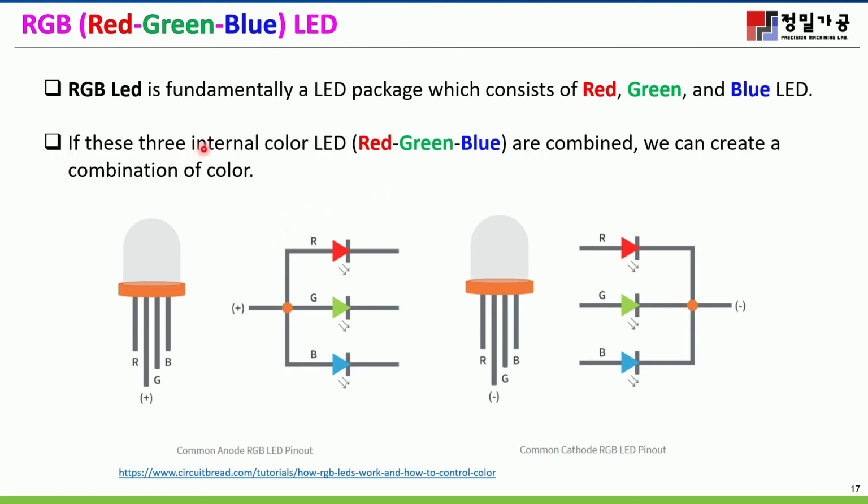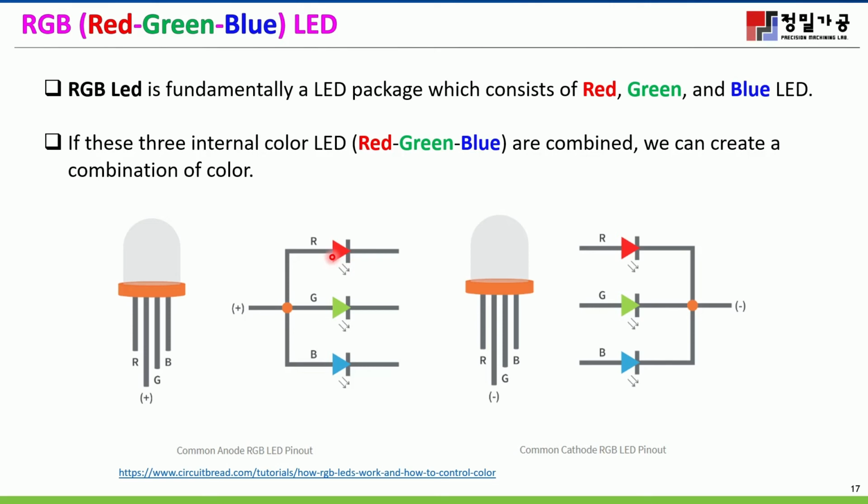If these three internal color LEDs are combined, we can create a combination of colors. In this picture I took from this link, you can click the link and read about what an RGB LED actually is.